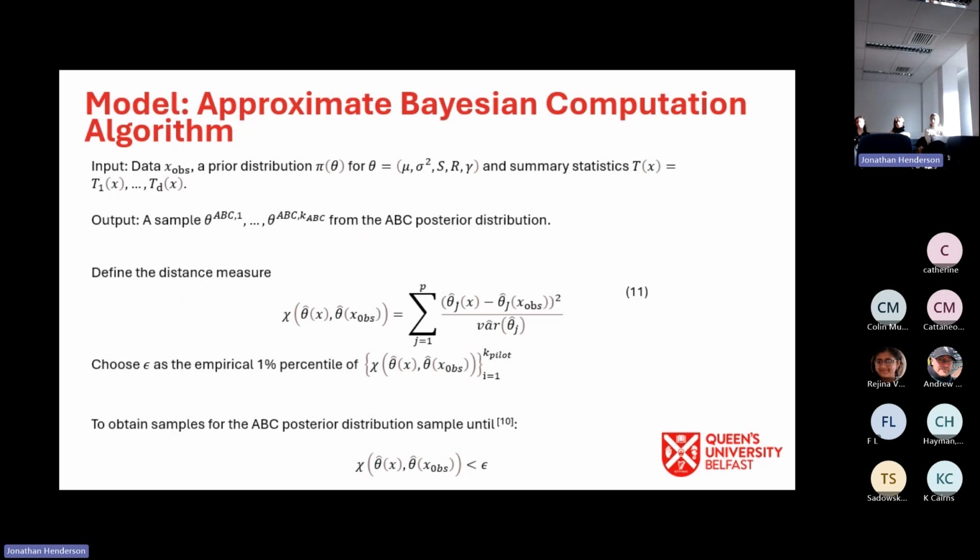Our prior distributions were non-informative, and we based them on the number of points for our mu, sigma squared and S, and we looked at the summary statistics for our R and gamma. And then once we had this, we could simulate our log Gaussian Cox process.